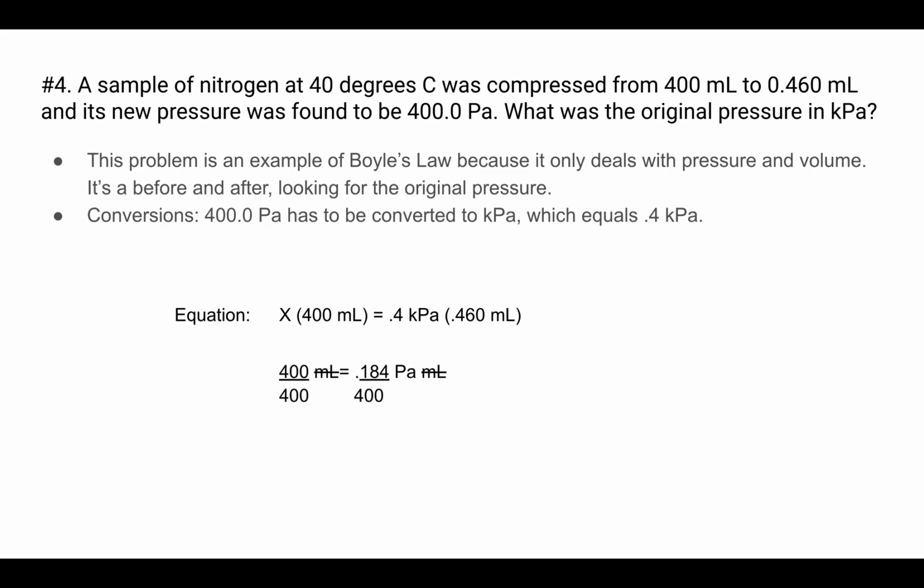After you multiply that together, it's 400X equals 0.184 kilopascals, and then you divide by 400 to get kilopascals, and your answer would be 0.00046 kilopascals.